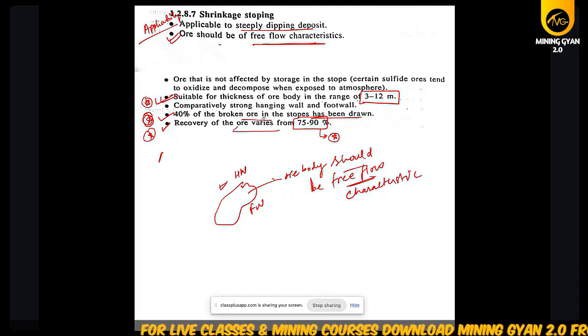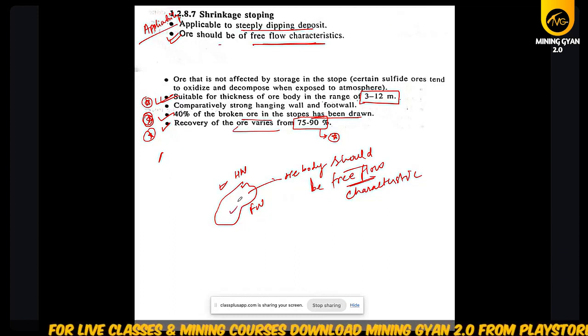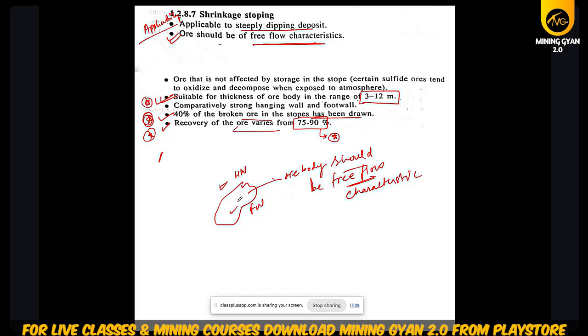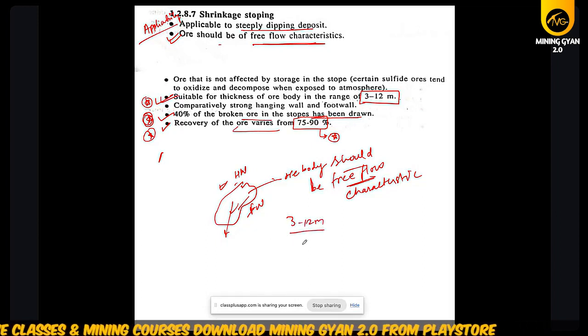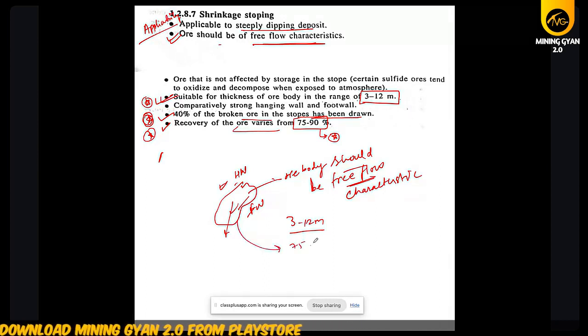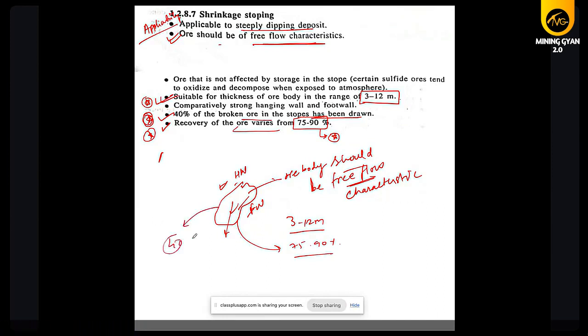So you should remember these points: that in the ore body the hanging wall and foot wall should be strong, it should be free flow, thickness should be 3 to 12 meter, and recovery up to 75 to 90%, and 40% of the ore from the stope can be drawn.